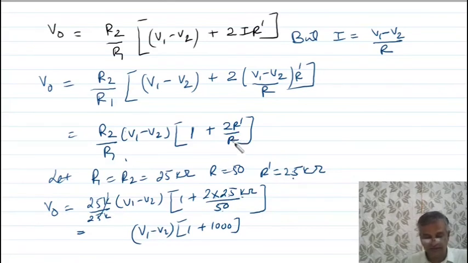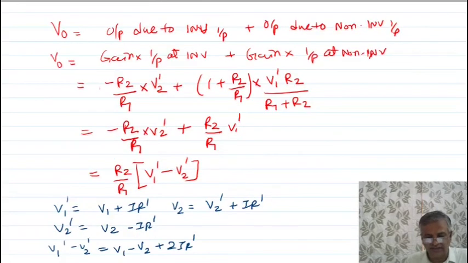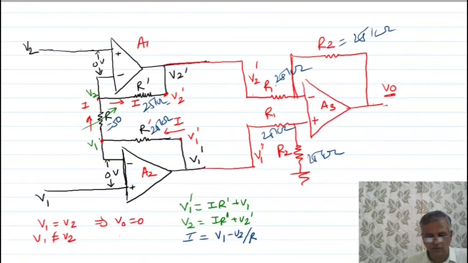So the output becomes constant, equal to VCC. So to avoid such a problem, a small fixed resistance of a very low value is connected in series with this.